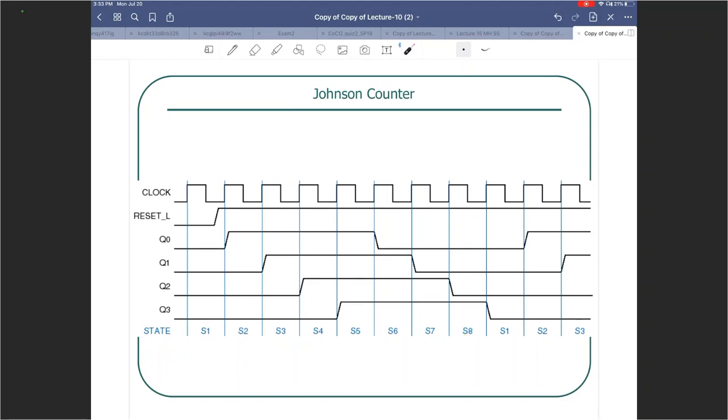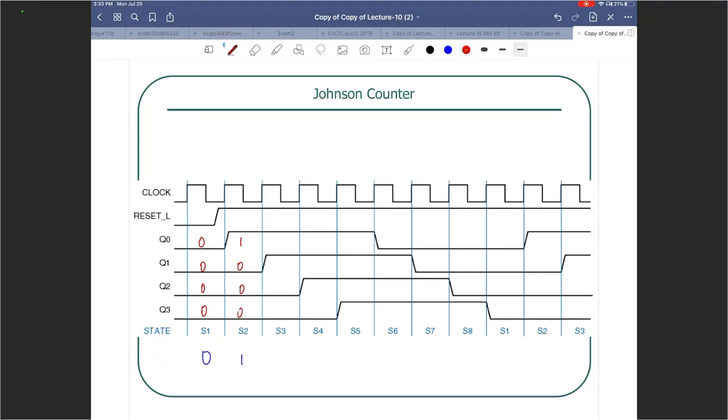For the first 4, that 1 will come in, more and more ones will come in, and then in the last 4, more and more zeros will come into the counts. So let me write those out. Initially you start off at 4 zeros, so you have the state 0. Then after the first positive edge of the clock, it will go to 1, 0, 0, 0. So that's decimal 1.